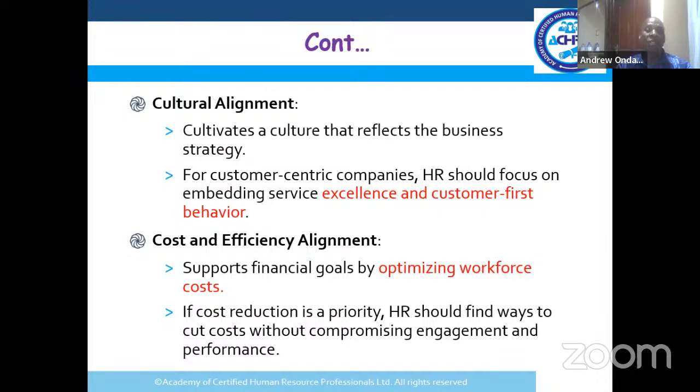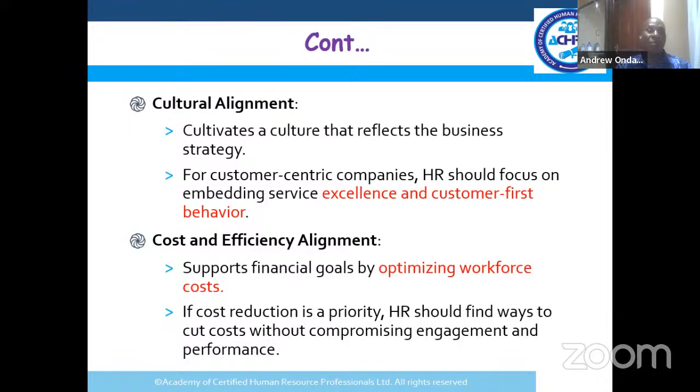And this culture, like I have indicated before, may revolve around our core values, like teamwork as a culture, like recognition of performance as a culture, like professionalism as a culture. If we embrace these core values, then we are likely to achieve excellence in our organization.